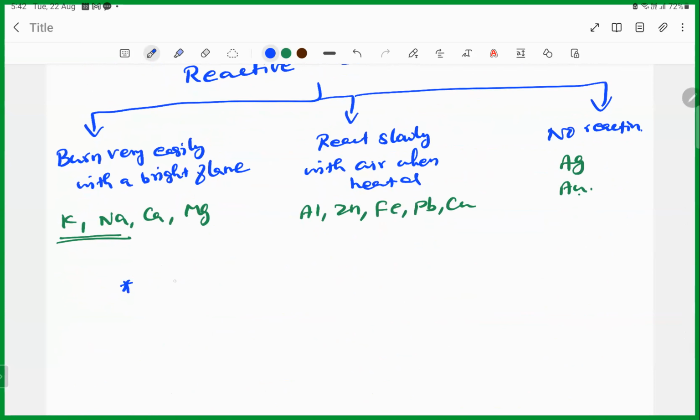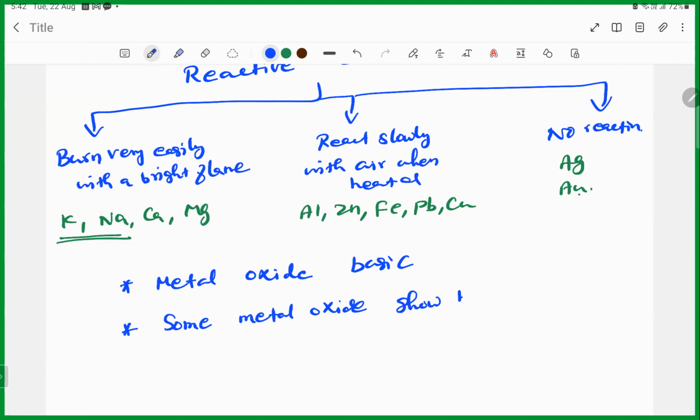Generally metal oxides are basic in nature when hydrolyzed, but certain metal oxides show both acidic and basic behaviors.